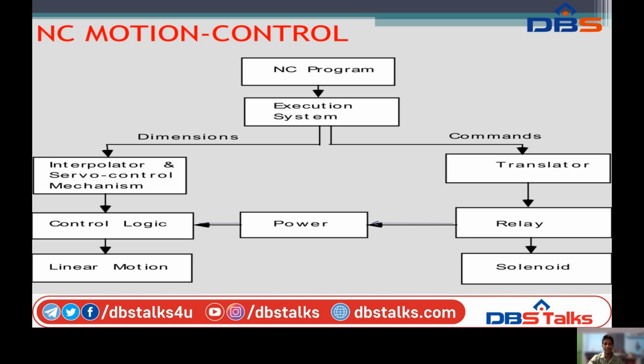That means dimensions will be given to the servo control mechanism. After that, control logic. Next, linear motions. Here it is related to the dimension part. The second classification will be command. We are giving NC codes or commands to programs.